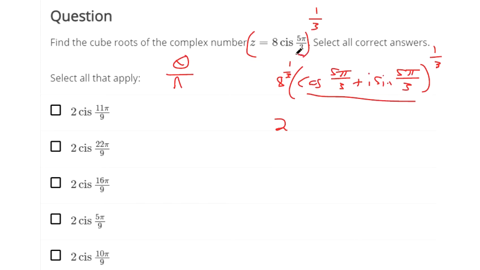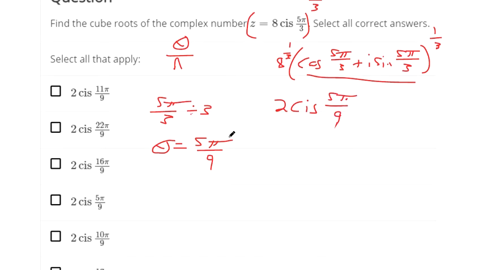So let's take our theta of 5π/3. That's what goes in here for theta. And now we need to divide it by n, divide it by 3 because it's the third root. So our angle theta is now going to be 5π/9. So this is 2 cis 5π/9.